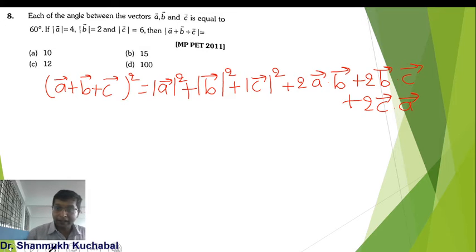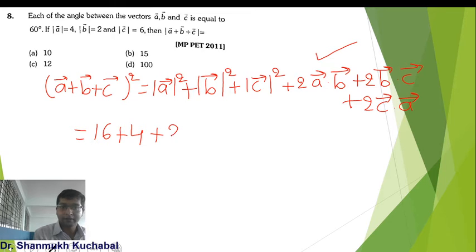Then vector A dot vector B, here we have to substitute the formula. So we get vector A square is 4 square, 16, vector B is 2 square, 4, vector C is 6 square, 36, plus 2 times, the vector A dot vector B formula: magnitude of vector A, magnitude of vector B into cos theta.